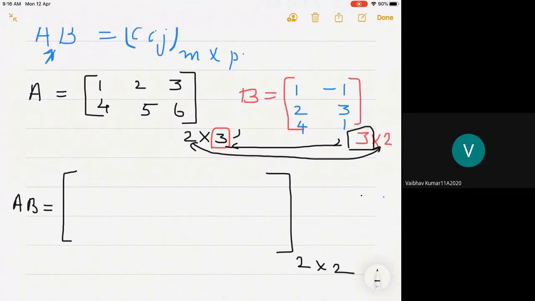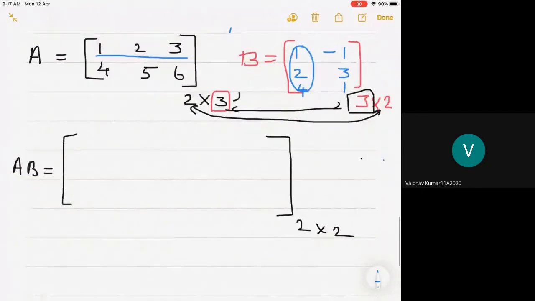And how do you get it? You take the first row of the first matrix and multiply it with the first column of the second matrix. What do I mean by multiplication? 1, 2, 3 is the row of the first matrix, and 1, 2, 4 is the first column of the second matrix.